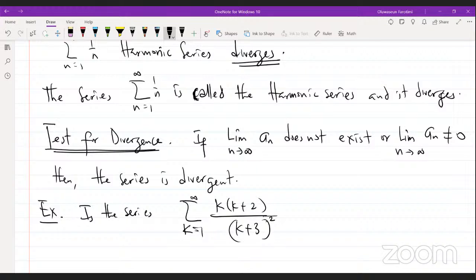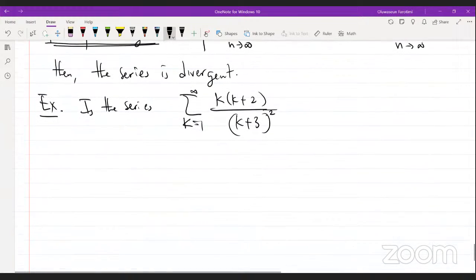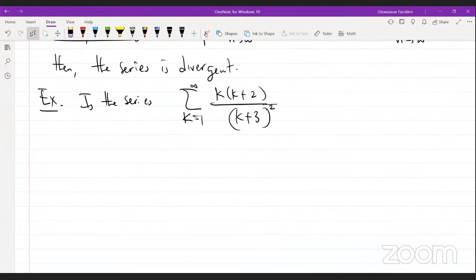As we continue to move on, we'll have more series structures that are not geometric series. They are called non-geometric series. So is this series convergent or divergent?